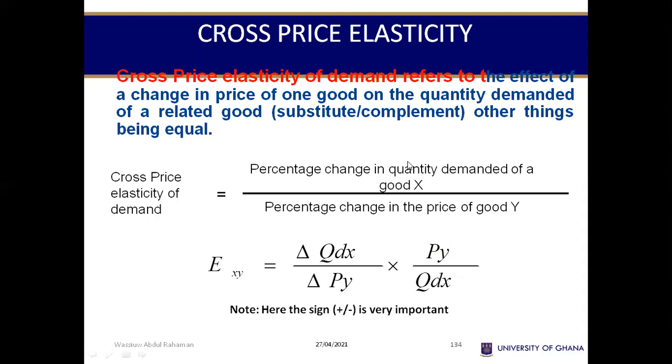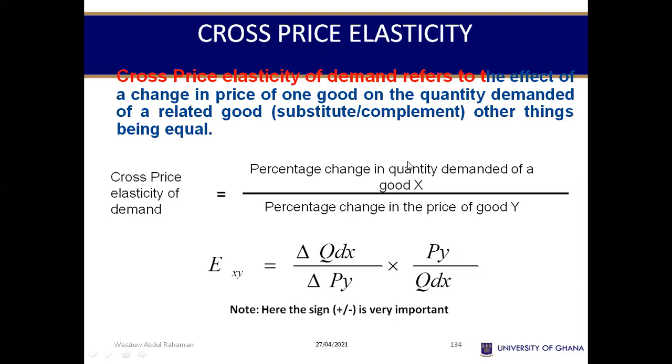The only difference is that now the denominator, which used to be the percentage change in the own price of the good, is now the percentage change in the price of good Y. That is, it is the change in the price of good Y that we expect would change the quantity demanded for good X. So if you do this, you will then find the cross price elasticity of demand.